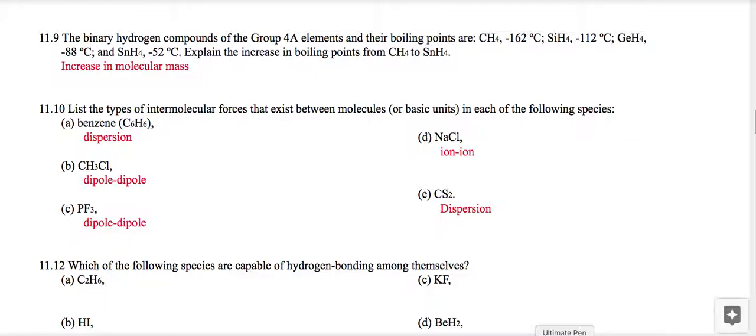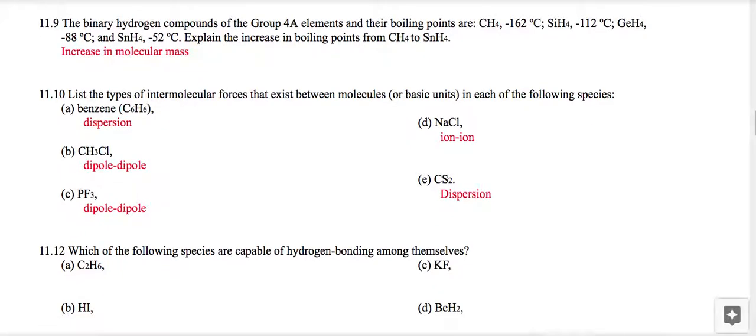All right, number 9, we have the different boiling points of molecules, tetra-type molecules bonded to elements from the 14th column. So we have carbon, silicon, germanium, tin. All of these are in the same column of the periodic table, going carbon, silicon, germanium, tin, respectively.